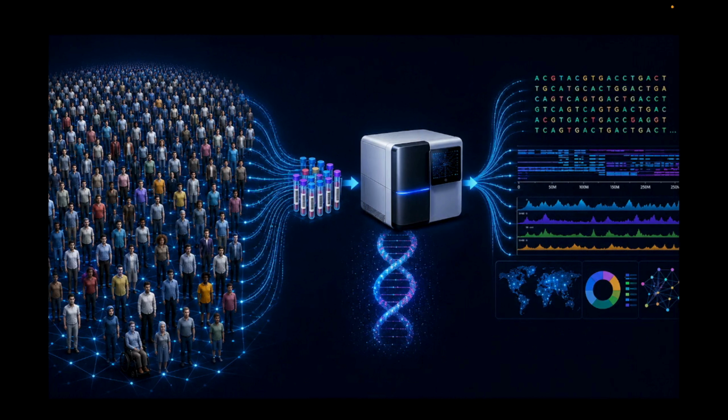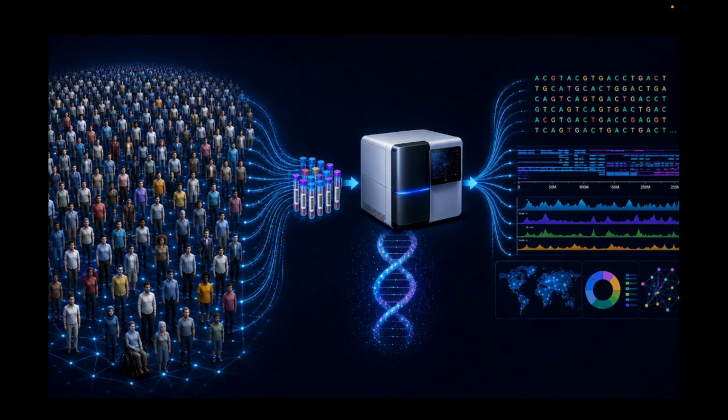Today, researchers can collect biological samples from very large numbers of people and use high throughput sequencing technologies to read their DNA. A blood or saliva sample can ultimately become digital genomic information. So think about what is happening here.